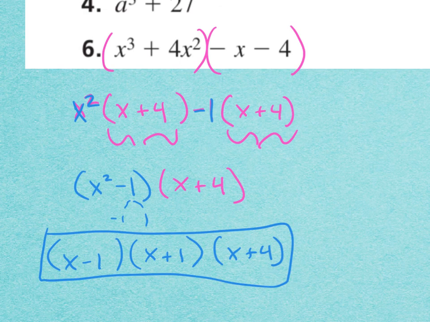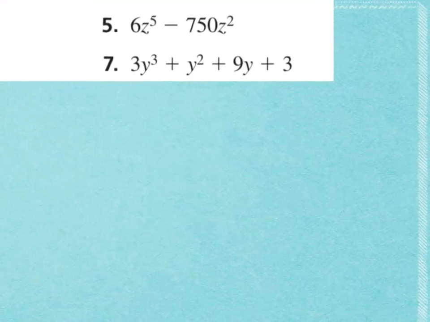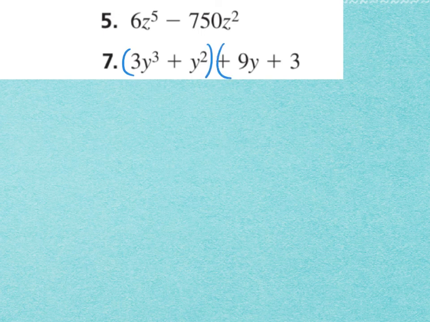Okay, and our last example we're going to do for the day is number 7. So again, we're factoring by grouping here. So what do we have in common in our first pair that we can take out? Y squared.